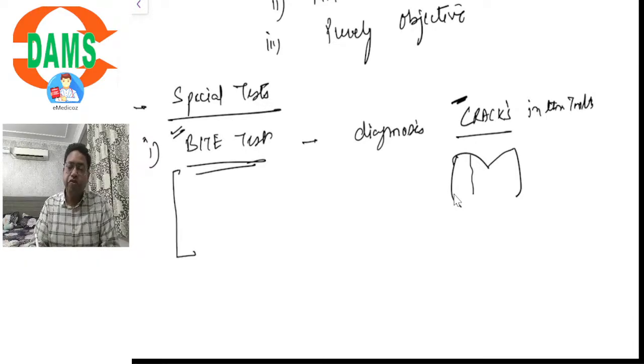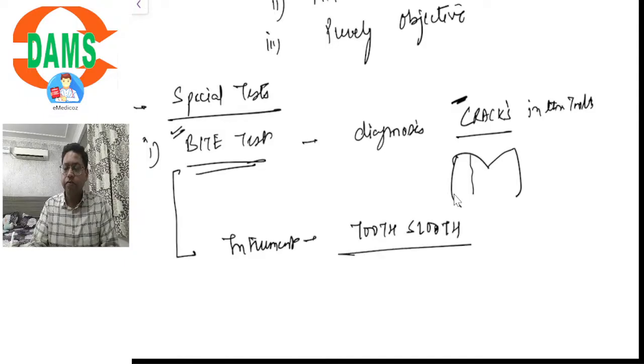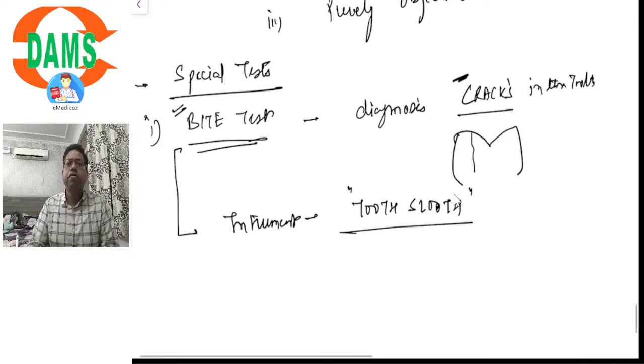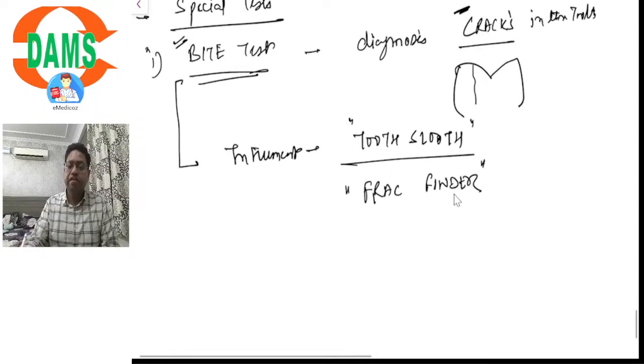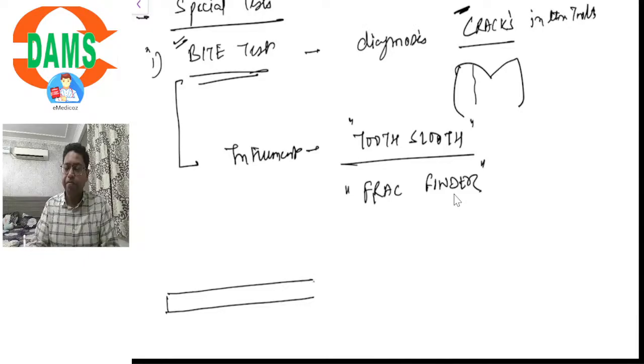What instrument do we use to conduct a bite test? The device or the instrument used is called tooth sleuth. This is also called frac finder. This is a plastic device with a handle and a testing pad.